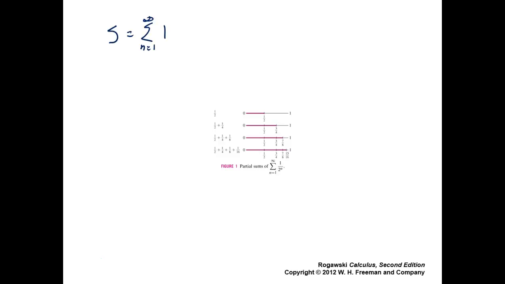Does that series converge or diverge? Certainly the sequence converges to 1. That'd be 1, 1, 1, 1, 1, 1. Yeah, it's always 1.